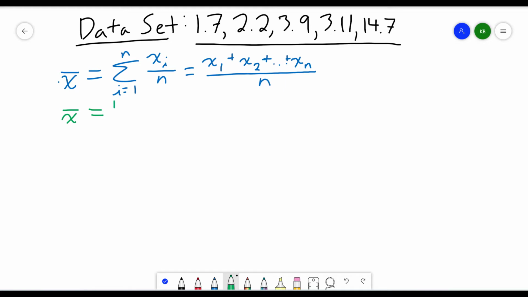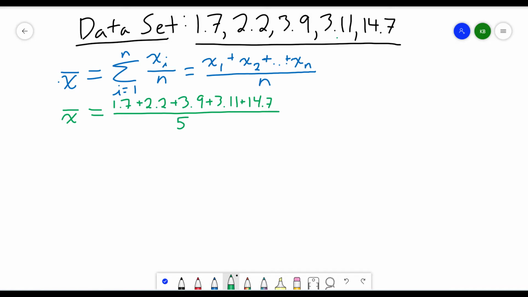So I'll be doing 1.7 plus 2.2 plus 3.9 plus 3.11 plus 14.7, all divided by the number of values. So I count up how many values I have. I have 1, 2, 3, 4, 5 values. So I'll divide by 5.